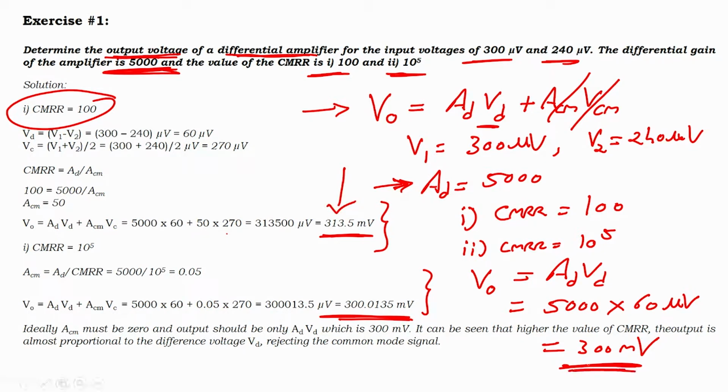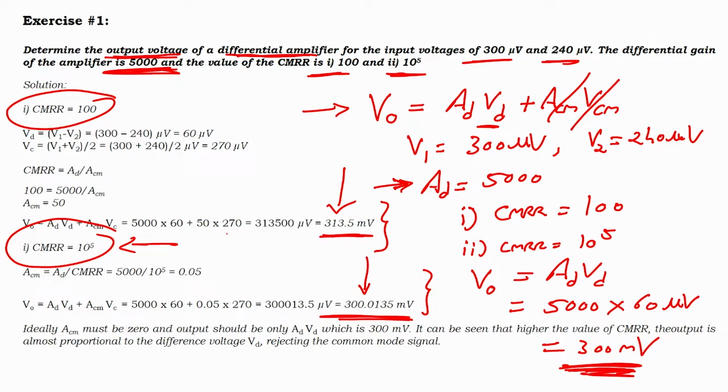The output voltage should be close to 300 millivolts, but when I use CMRR equal to 10 raised to 5, my output was 300.0135, which is close to 300 millivolts. That means if I keep on increasing CMRR, my output is close to my ideal value.